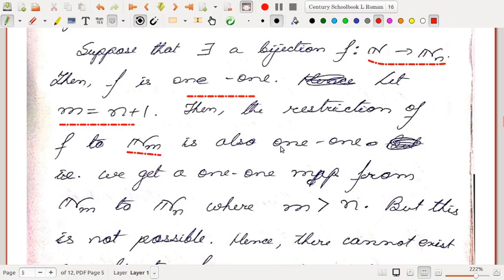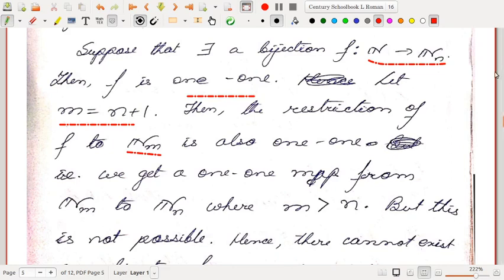If F from A to B is 1-1 and C is a subset of A, then F from C to B is also 1-1. That follows from the definition of subset itself, because if you take any two elements X and Y in C which are unequal, then X and Y are also elements in A and they are unequal, and since F is 1-1 from A to B, Fx is not equal to Fy.